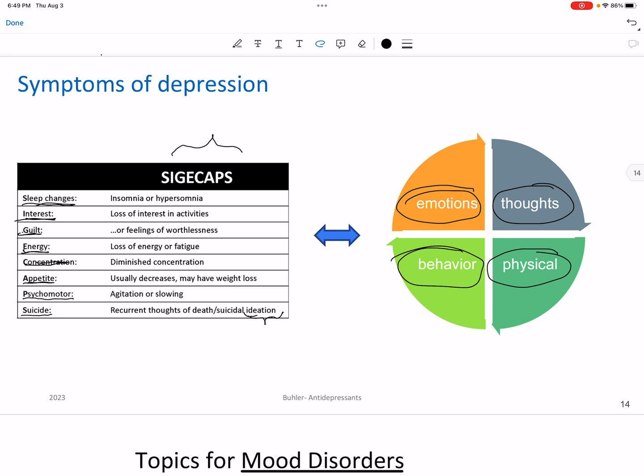A lot more people have ideation than have attempts, so it's important to recognize that. When you have something going on in your brain, it's not going to just hit one thing. Depression is not just emotional, it's going to affect your cognition, how you use your body and what it's capable of doing, and the things that you do.